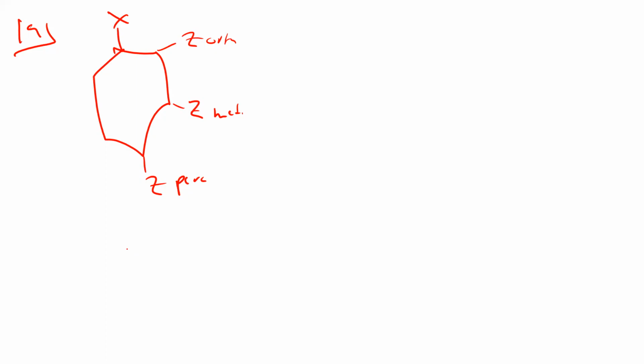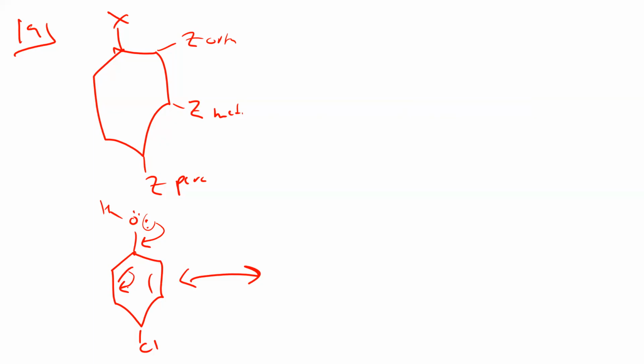It says account for the electrophilic addition of chlorine and draw the resonance structure as the major contributor, including all non-bonding electrons. They show us this structure right here, and we have to draw the major resonance contributor. So these electrons are going to come here, and then these electrons are going to go here, and that'll be the major contributor.